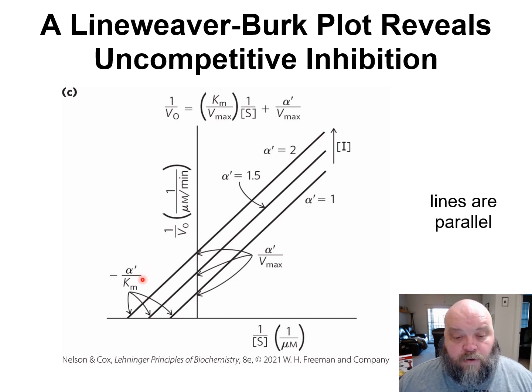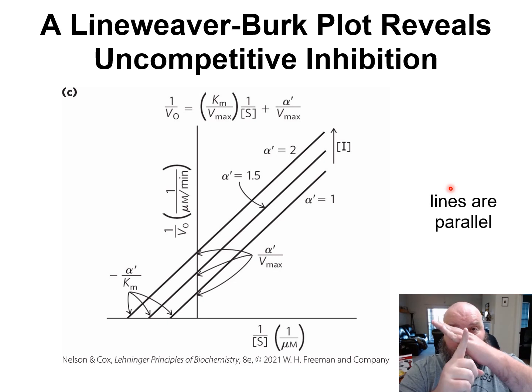Alpha prime over Km, so it's not 1 over Km here, it's now alpha prime over Km. That also decreases. They stay perfectly parallel. Whereas competitive, remember, it all had the same point on the y-axis, and it just moved that way.